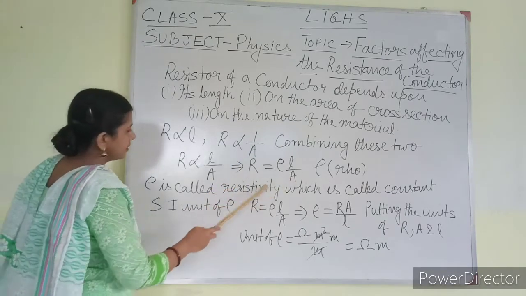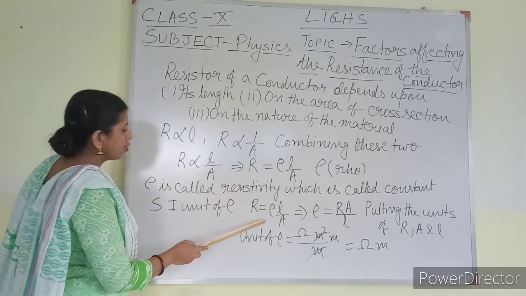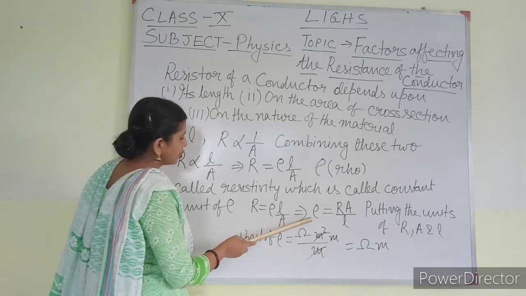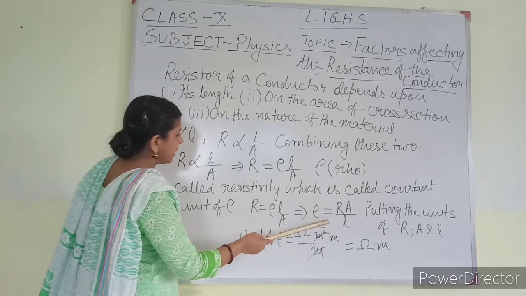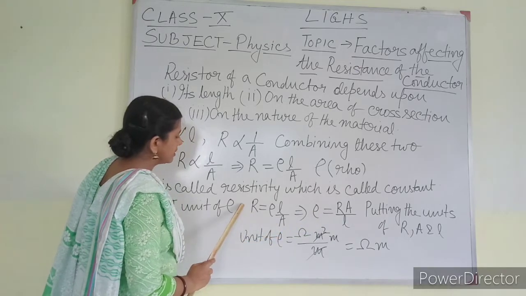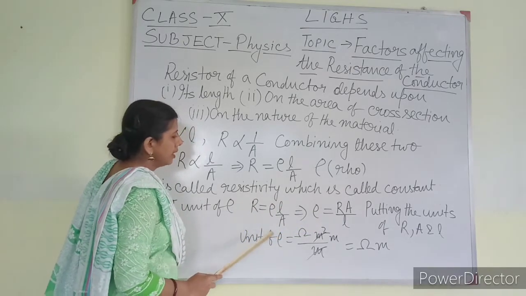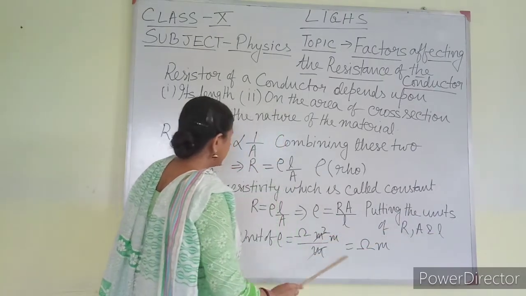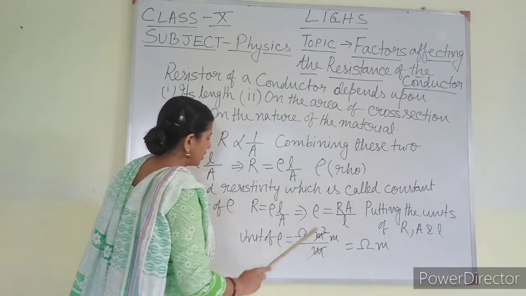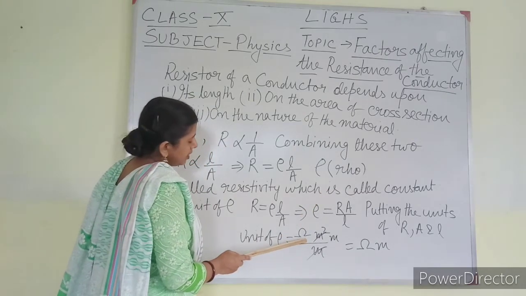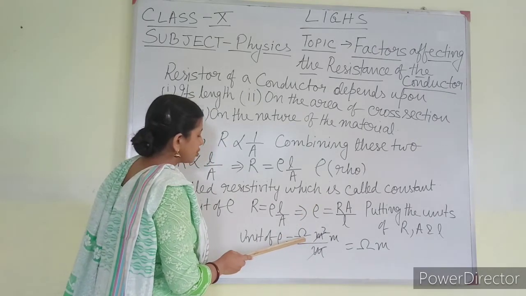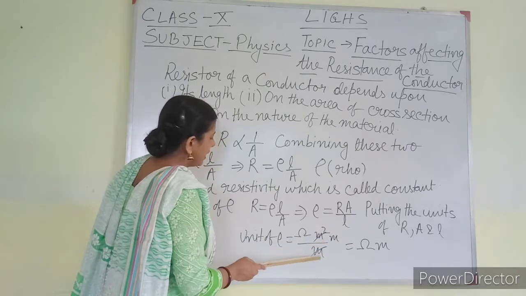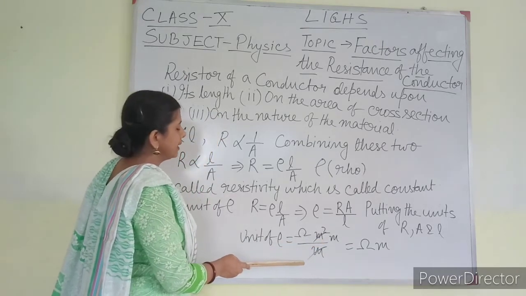So I have written this equation again, R equals rho L by A. From here I can write rho equals RA by L, that is, A goes to this side and L comes here. Putting the units of R, A and L in the equation, the SI unit of R is ohm, the SI unit of A is meter square, and the SI unit of length is meter.